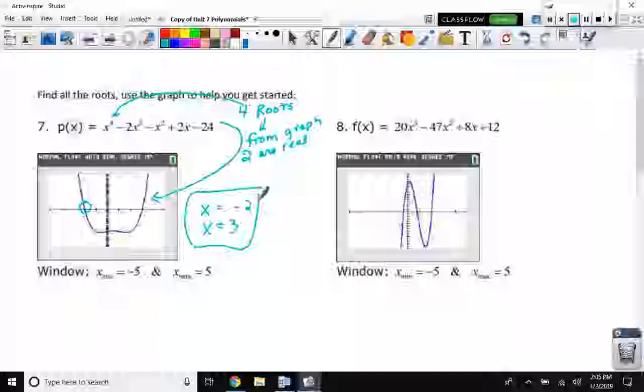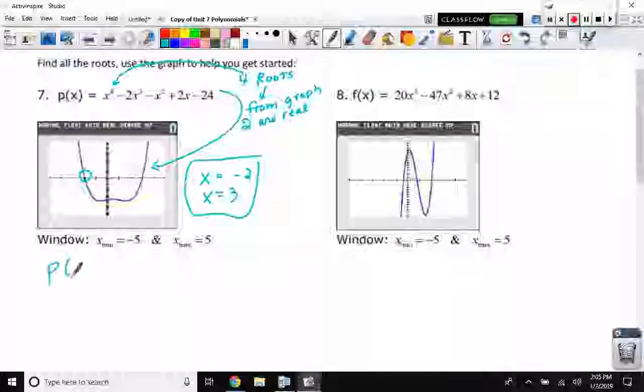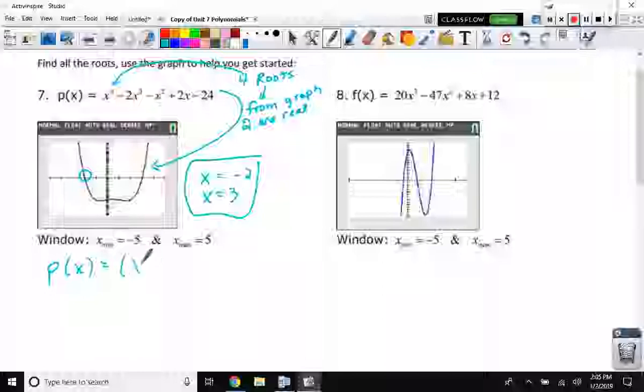Well, if x equals -2 is a root, what do I know is a factor of this? X plus 2, correct? Okay, so that means that p of x should be able to be written as x plus 2 times something, right? And what's going to be the first value for sure?